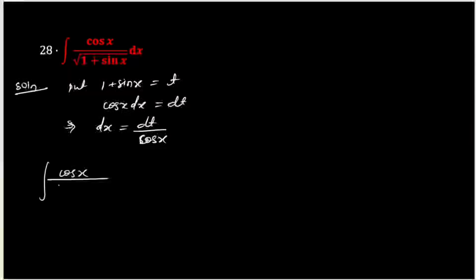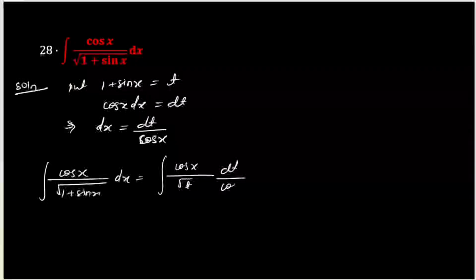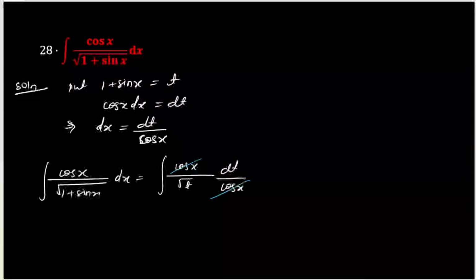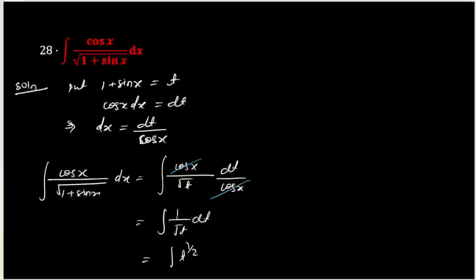Therefore, the integral becomes cos x by root under 1 plus sin x into dx, which equals cos x by root t, and dx equal to dt by cos x. Here cos x is cancelled.